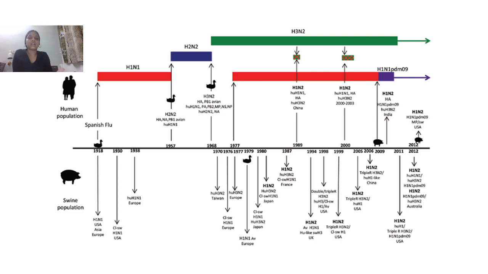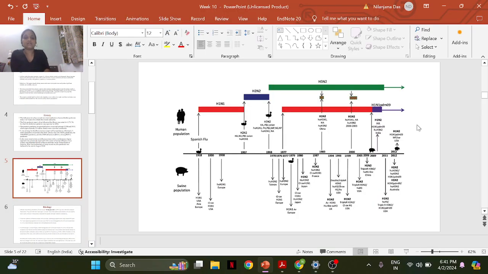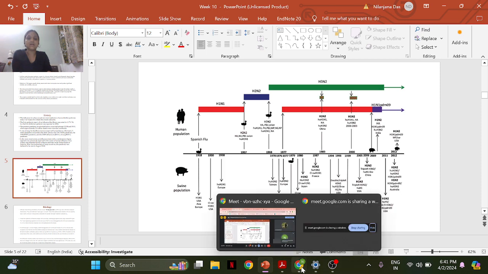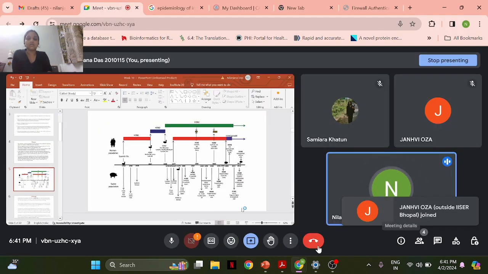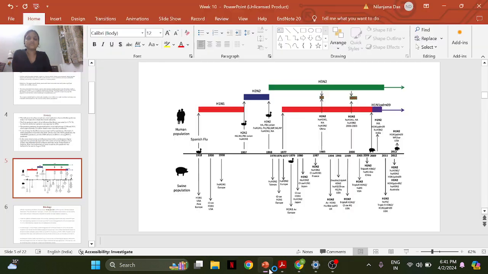So you can understand how clever these viruses are. Every year they change their genetic material so that they can escape our immune system, or escape the current medical therapies.